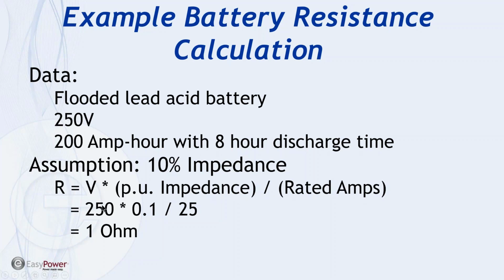So in this case, it'd be 250 volts times 0.1 divided by the 25 amps, and we get an estimated internal impedance of the battery at 1 ohm.